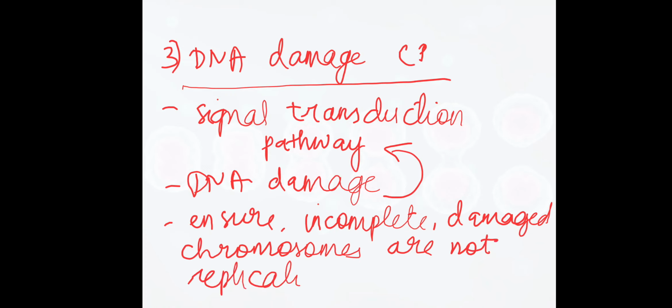It makes sure these incomplete, defective chromosomes do not undergo replication and get passed on to the daughter cells according to the cell cycle stages. So there are several DNA damage checkpoints.